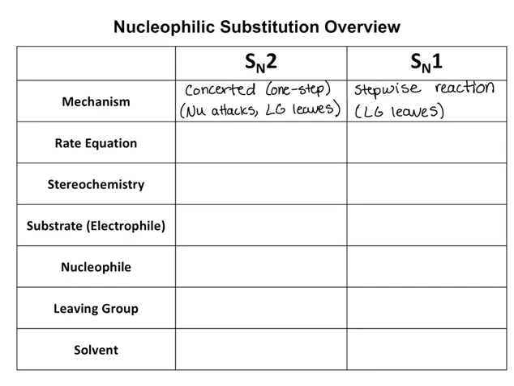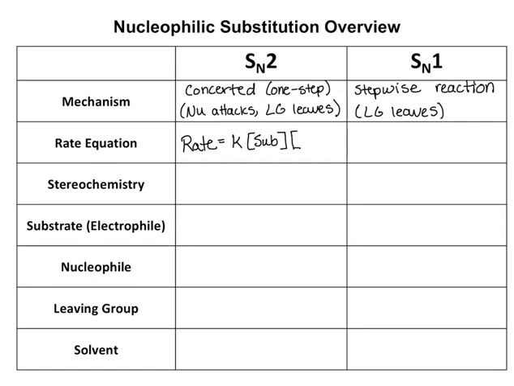So then we also saw that we can write a rate equation for each of these reactions. So an SN2 reaction, remember, is a second order reaction. And the rate is equal to a rate constant times the concentration of the substrate. And remember, the substrate is the electrophile.